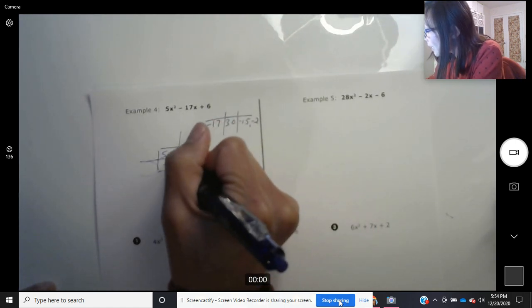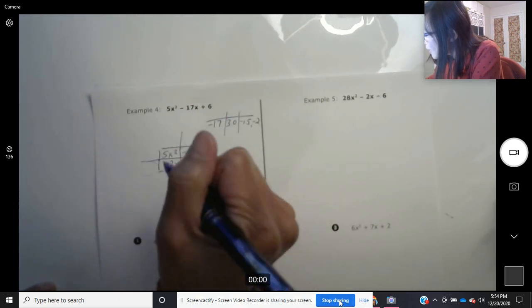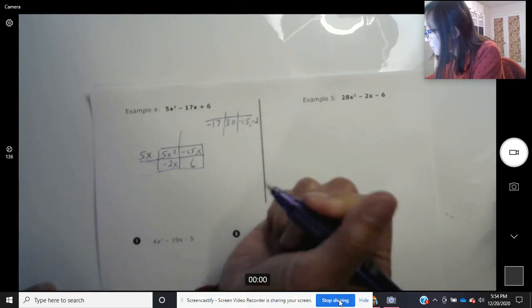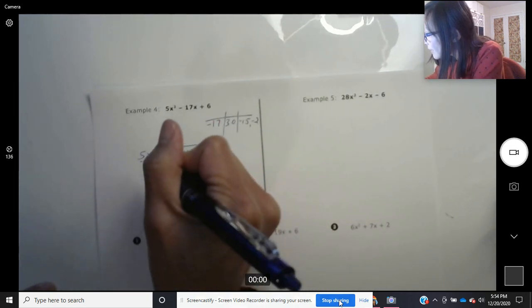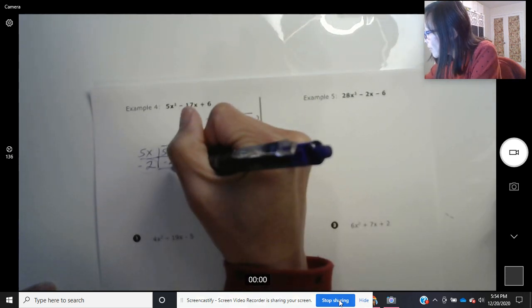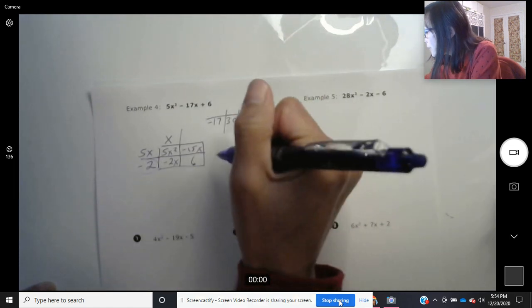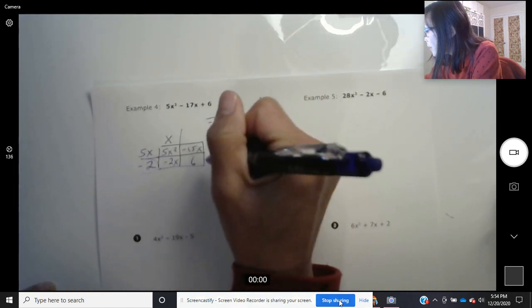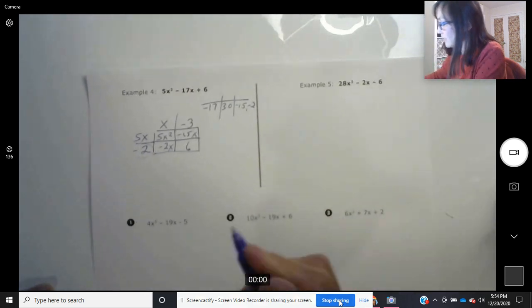So first, when I look at 5x squared and negative 15x, I can take out a 5x. Negative 2x and 6, I'm going to take out a negative 2. And then 5x squared and negative 2x, I can only take out an x here, but then on this one, I can take out a negative 3.